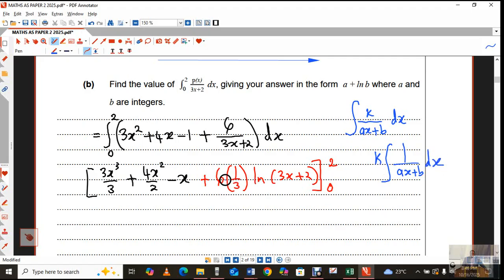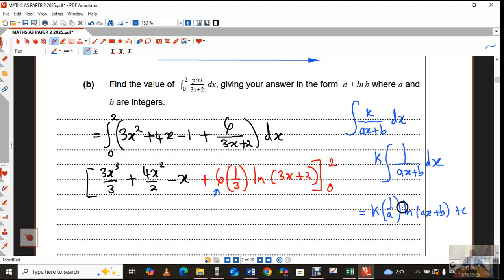So when you see that is where the 6 is, and now when you integrate that, it's going to be k, then you multiply that by 1 over a times the natural log of ax plus b, obviously plus the constant of integration.